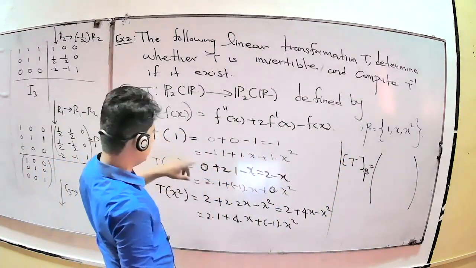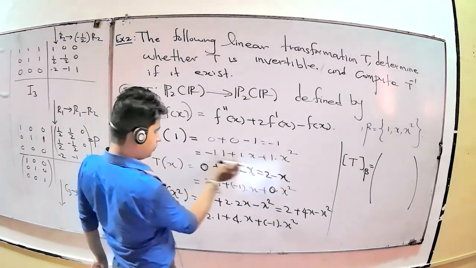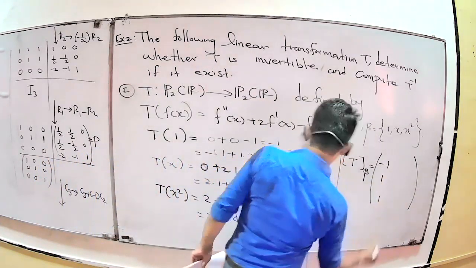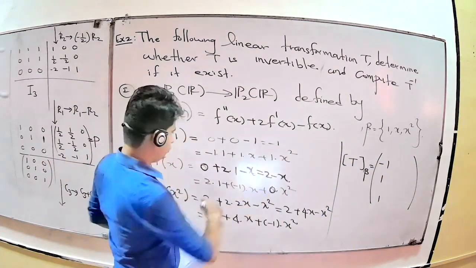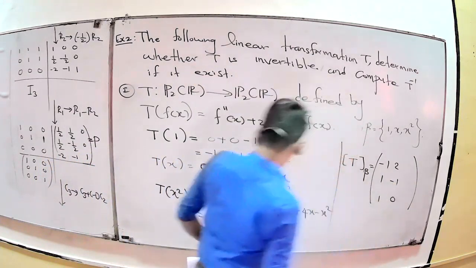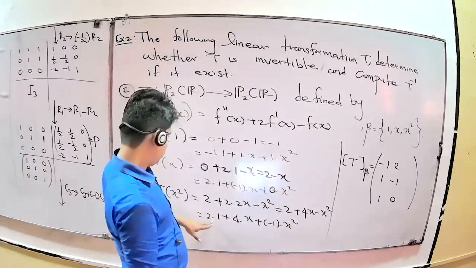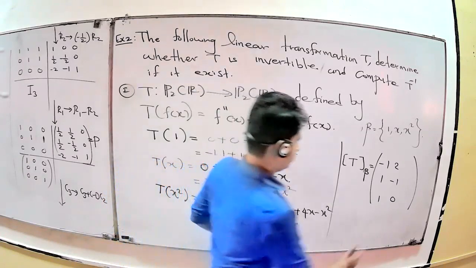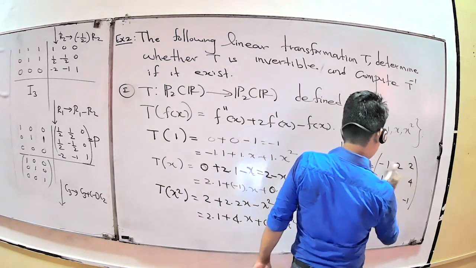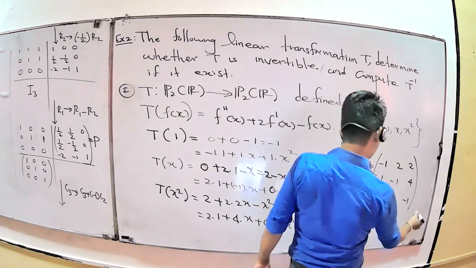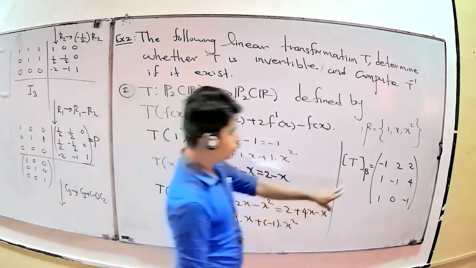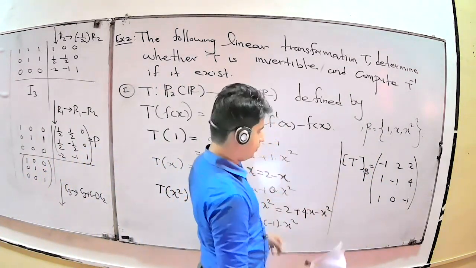This representation matrix becomes, you put these elements column-wise: minus 1, 1, 1, then 2, minus 1, 0, then 2, 4, minus 1. It is your representation matrix.